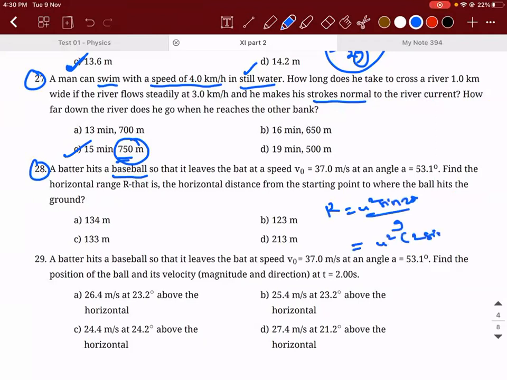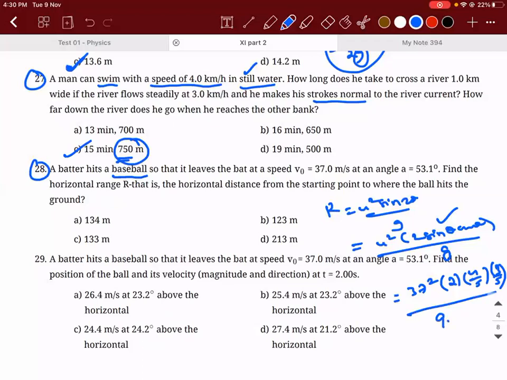Or I can write u square into sine theta into cos theta divided by g. So u square is 37 square, into 2 into, remember, sine 53 is 4 by 5, cos 53 is 3 by 5, divided by g, which is 9.8. This is the value that you're supposed to remember.